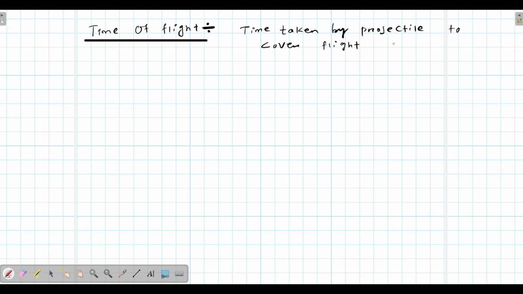That is called time of flight. Time of flight is represented in terms of capital T.